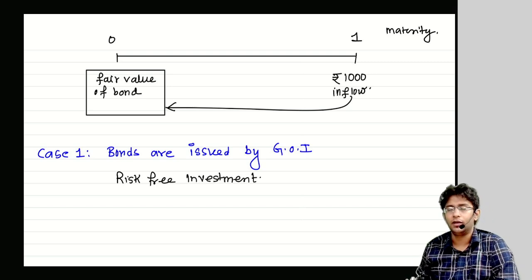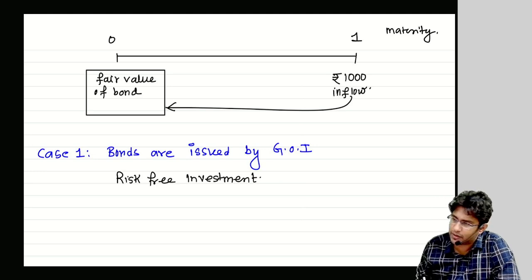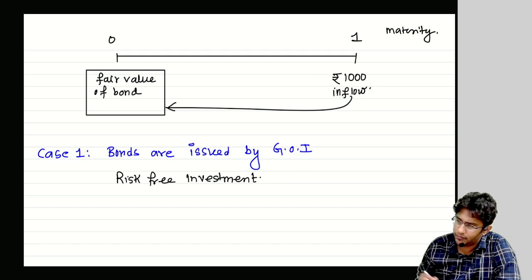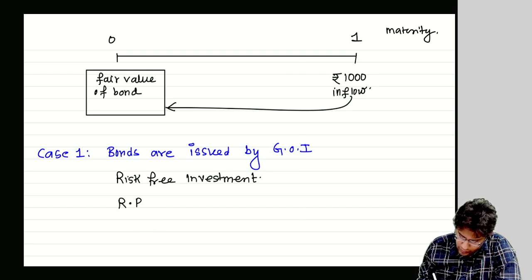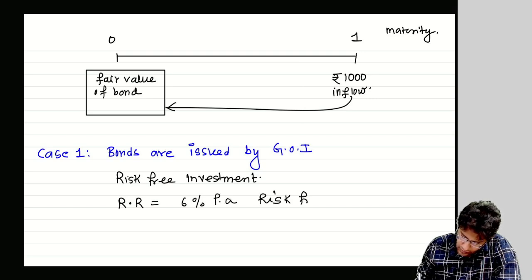Tell me, if it is a risk-free investment, how much return will you expect? Risk-free rate only. So, the required return is equal to, let us say, 6%, which is nothing but the risk-free rate.